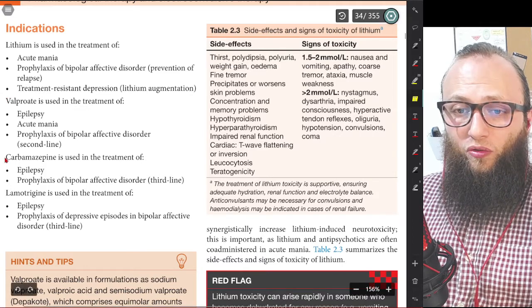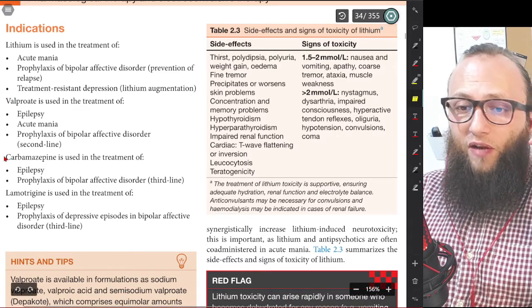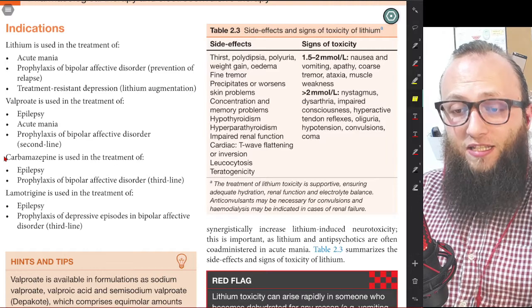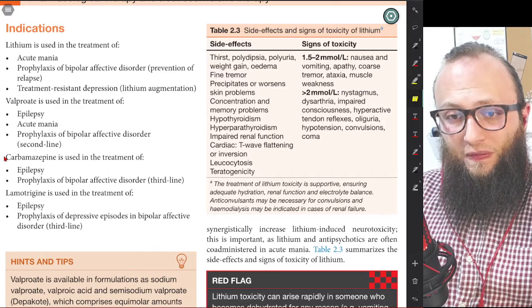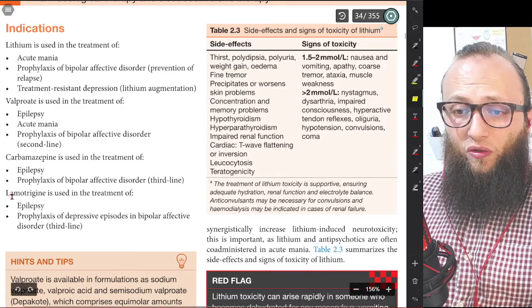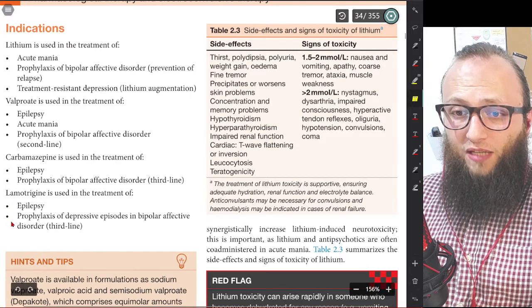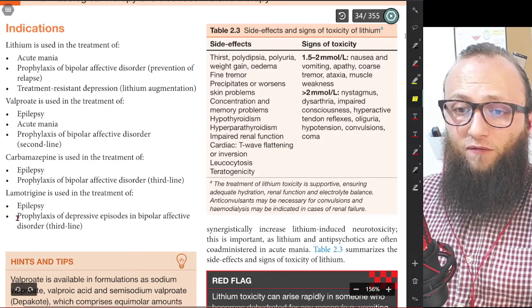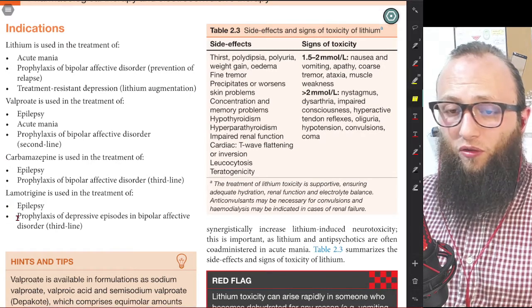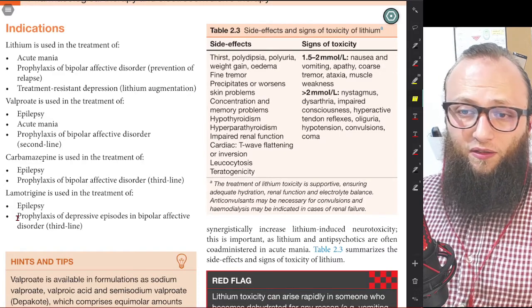Carbamazepine is used to treat epilepsy and prophylaxis of bipolar affective disorder as third line. Lamotrigine is used in the treatment of epilepsy and prophylaxis of depressive episodes in bipolar affective disorder as third line.